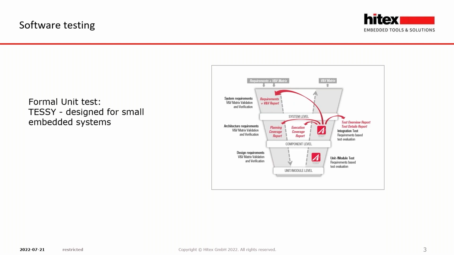Now, for embedded systems, this can be quite difficult because we're very often intimately connected to the underlying hardware and have also restricted resources on the device. Therefore, we tend to use a specialist piece of software called TESI that was developed in the German automotive industry for testing small embedded systems.